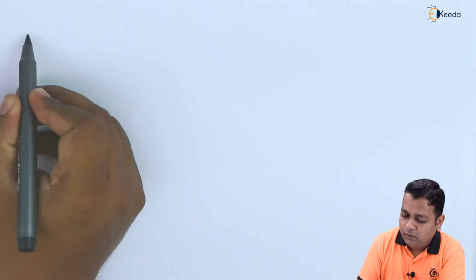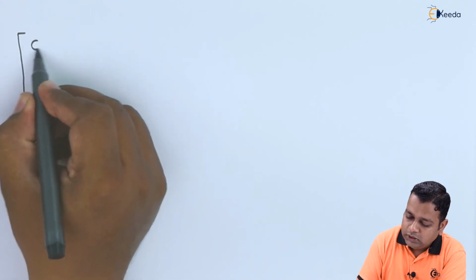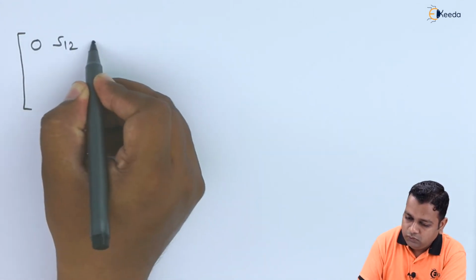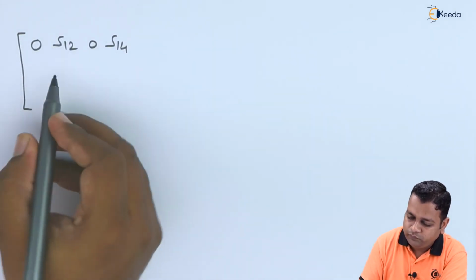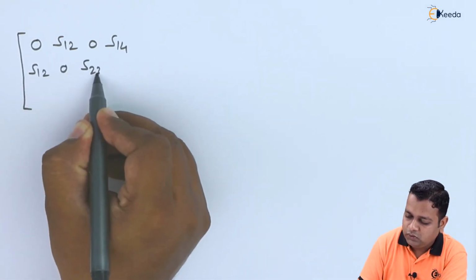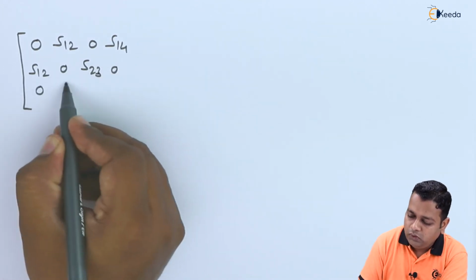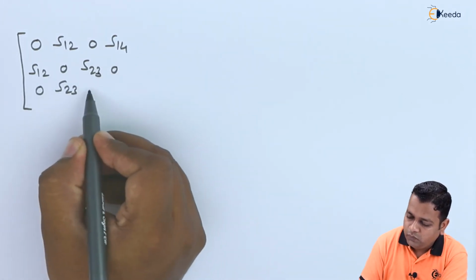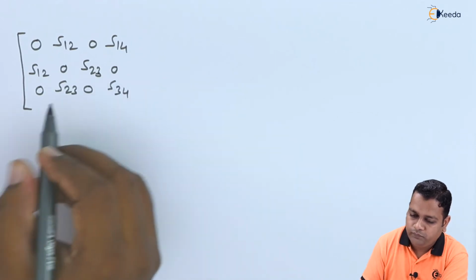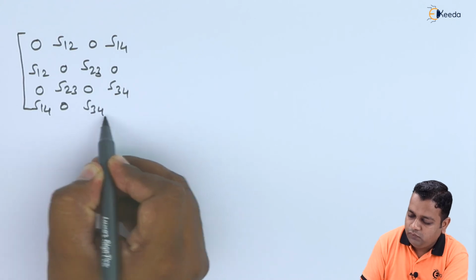This will be of 4 by 4 order: the first row 0, S12, 0, S14; second row S12, 0, S23, 0; third row 0, S23, 0, S34; fourth row S14, 0, S34, 0.